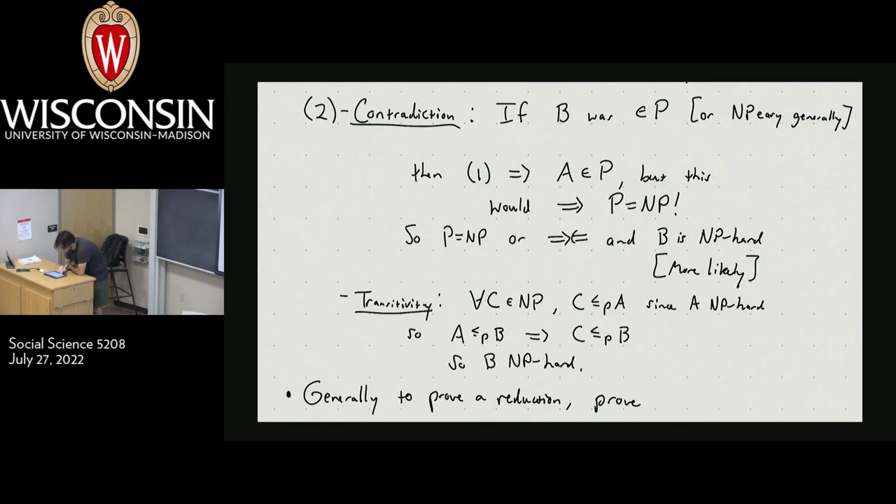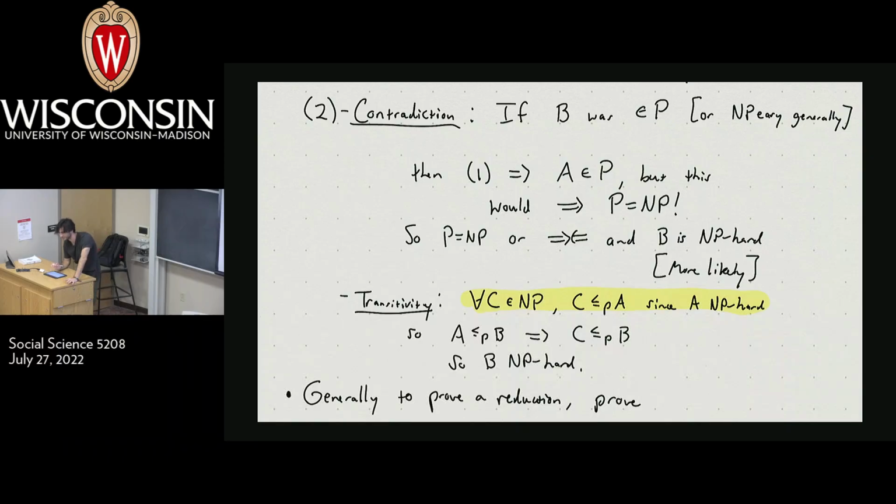You can also think of it just by the transitivity property, which is the way it's actually proven. Take any problem in NP. If A is NP hard, then we know that C polytime reduces to A. So we could solve C using a black box for A. That's what it means for A to be NP hard. This is the actual definition of NP hard.